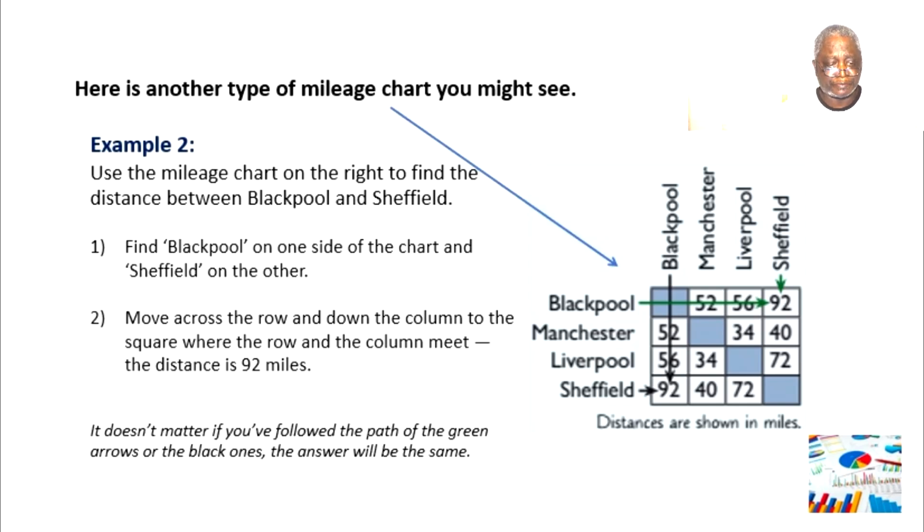By that I mean, find Blackpool on one side of the chart and Sheffield on the other, move across the row and down the column to the square where the row and the column meet. The distance is 92 miles. It doesn't matter where you start looking, whether it's from the row or the column, you get the same result.